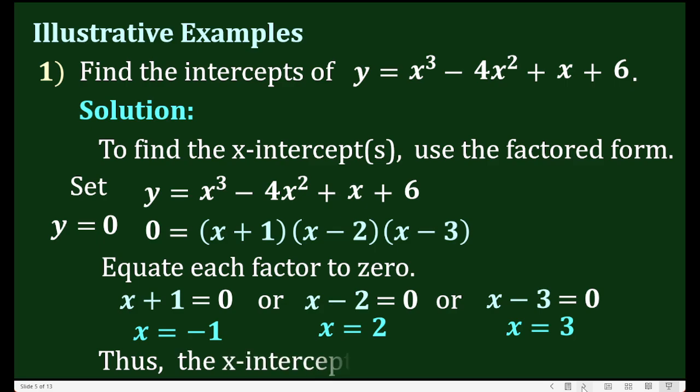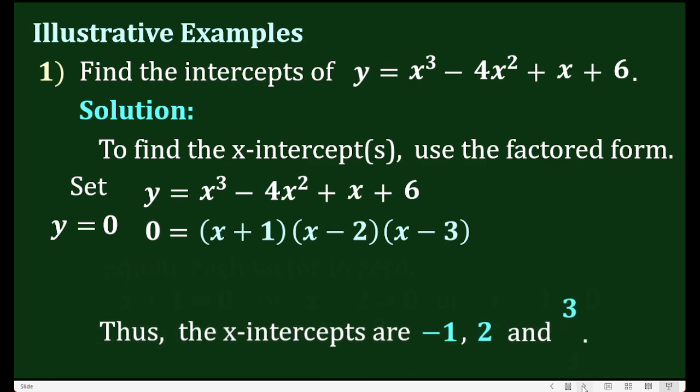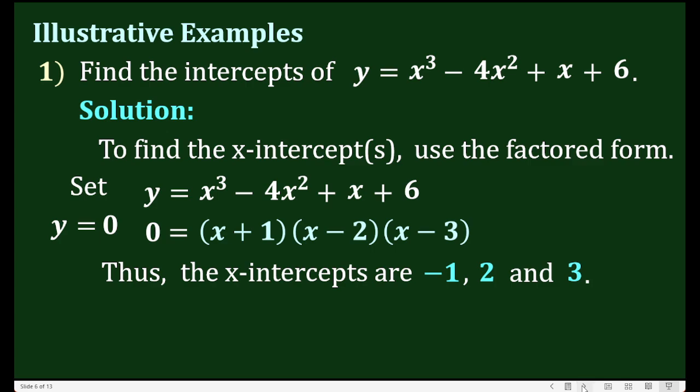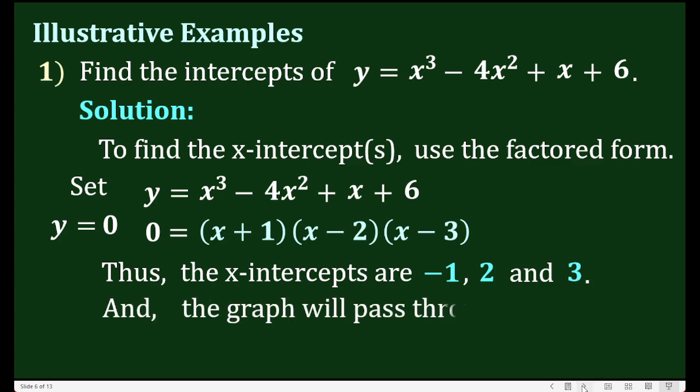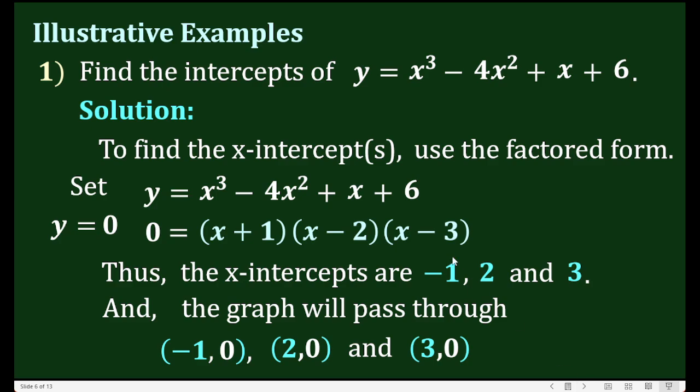So the x-intercepts are again negative 1, 2, and 3, which means the graph of this given polynomial function will pass through the following points: negative 1, 0; 2, 0; and 3, 0.